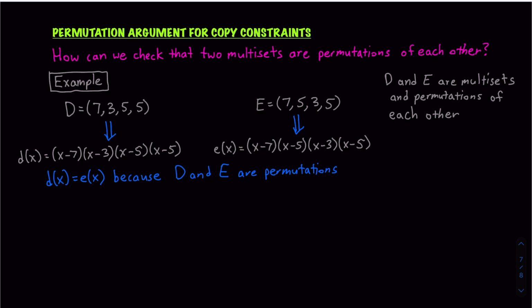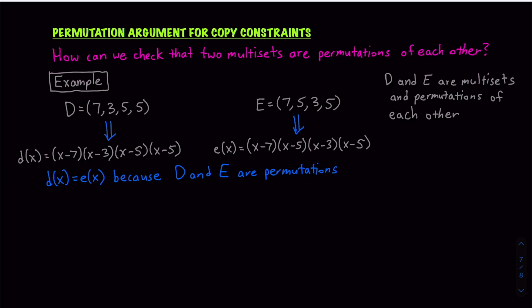In our example, since D and E contain exactly the same elements with the same multiplicities, their corresponding polynomials are equal. That gives us a clean algebraic way to test multiset equality. But notice something important. This method does not check which permutation was used. It only checks that the two multisets contain the same elements with the same multiplicities.